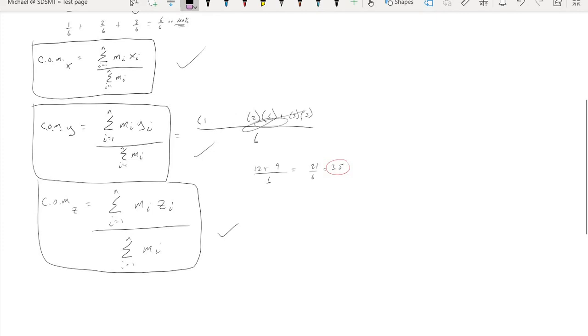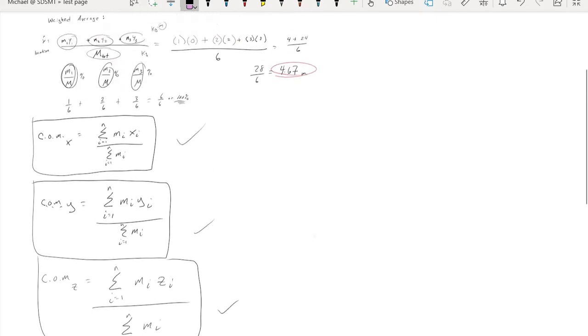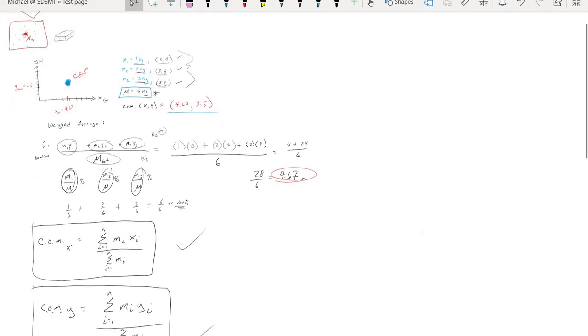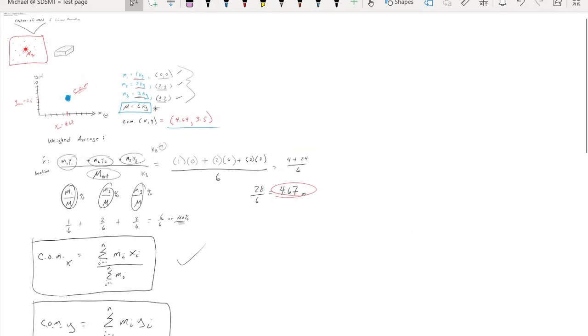All right. So now we know where the center of mass for this system of particles is going to be located. What happens if those particles then start to move? So if mass 1, oops, got to switch off the eraser function.